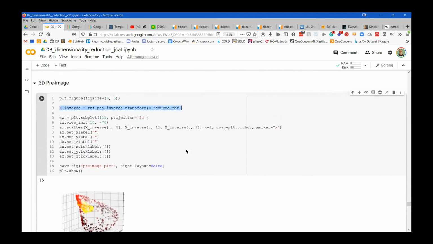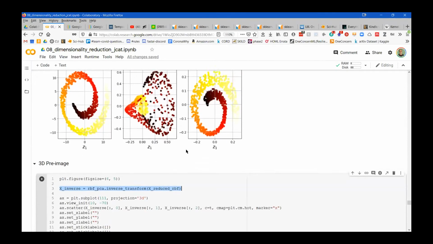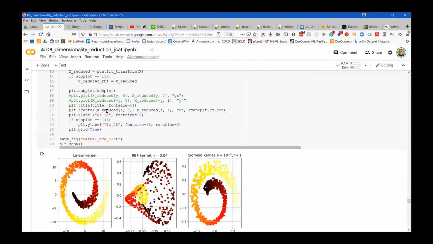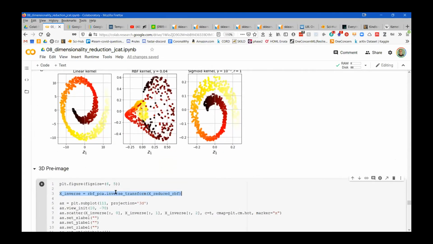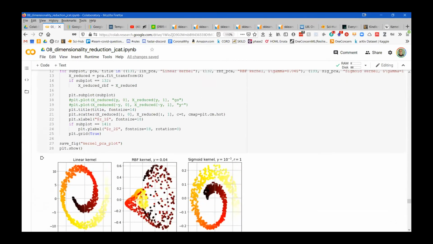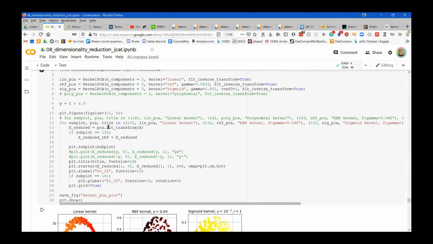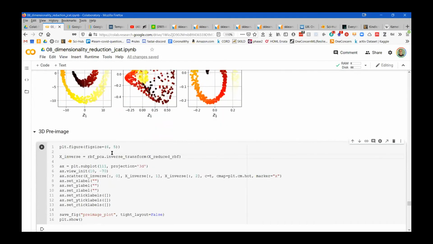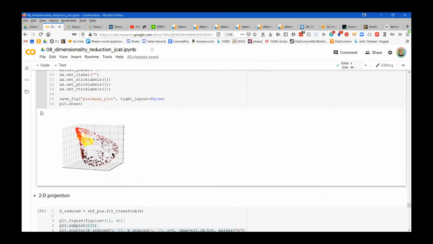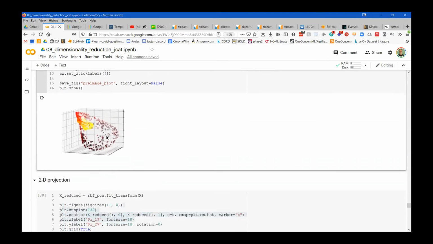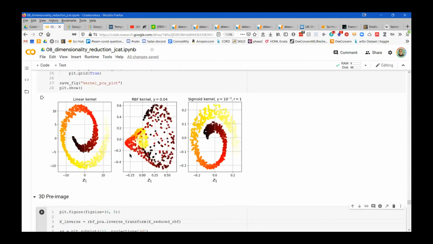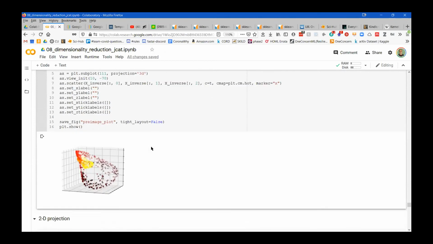So this is PCA, which is the PCA that we did, oh, this is PCA inverse transform, whereas we did kernel PCA up here. So you can get this 2-dimensional projection. I think we already saw that up here. It looks similar.